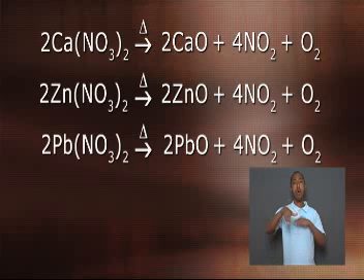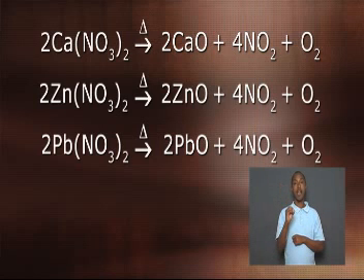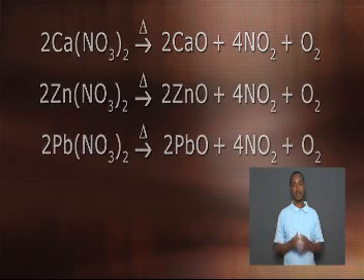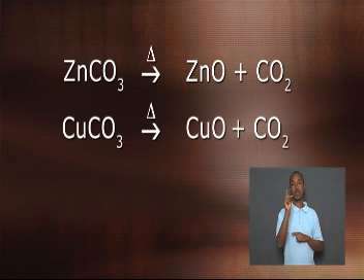Decomposition of all metal nitrates, except those in group 1A, give nitrogen dioxide, metal oxide, and oxygen gas. All metal carbonates, except for sodium and potassium, decompose when heated to form a metal oxide and carbon dioxide.